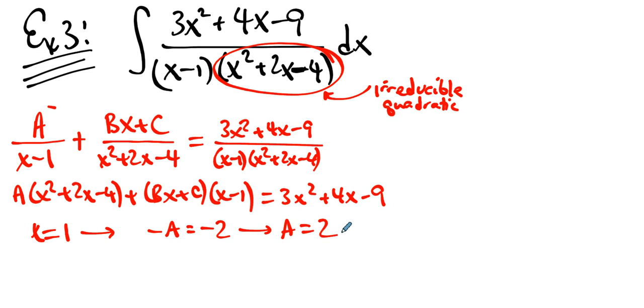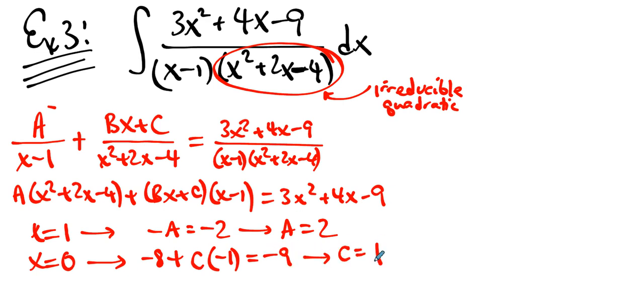The others are less obvious, so let's pick a number that's easy to work with. If x is 0, then this drops out, and we get 0 plus 0 minus 4 times a, that's 2, plus 0 plus c times negative 1 equals 0 plus 0 minus 9.